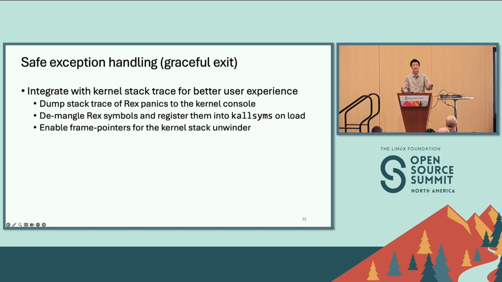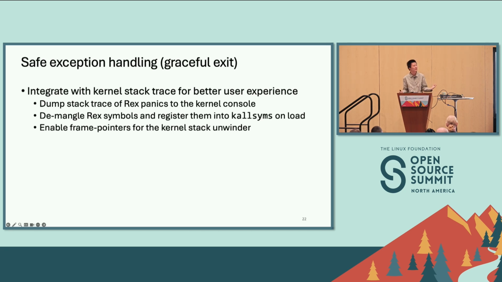And for the sake of better user experience, we also integrated this graceful exit mechanism with the kernel stack trace, where we just dump the stack traces of Rex panics to the kernel console. To do so, we registered the mangled Rex symbols into the kallsyms upon program load.